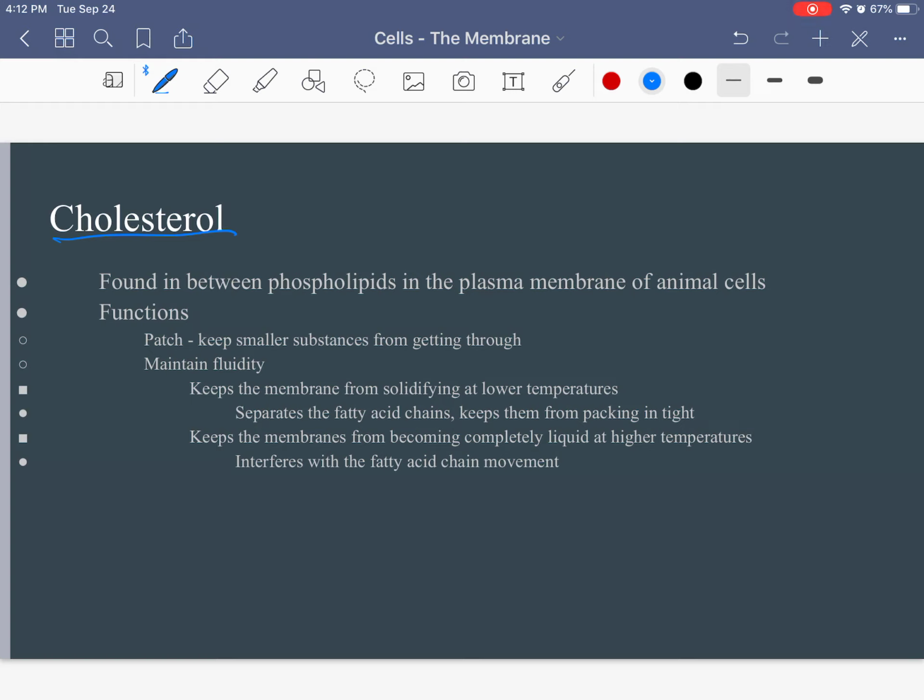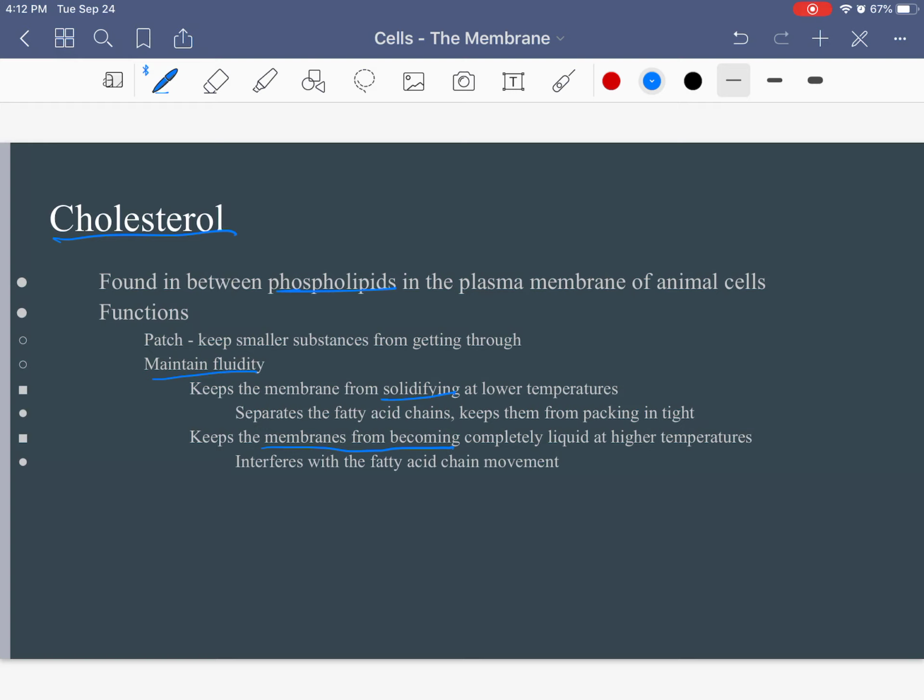It's found in between the phospholipids in the bilayer, and what it does is help to maintain fluidity. It keeps the membrane from becoming solid at low temperatures, keeps the phospholipids from packing in tight, and it also keeps the membrane from becoming too liquid at high temperatures. We don't want all of our cell membranes to melt when we get hot.